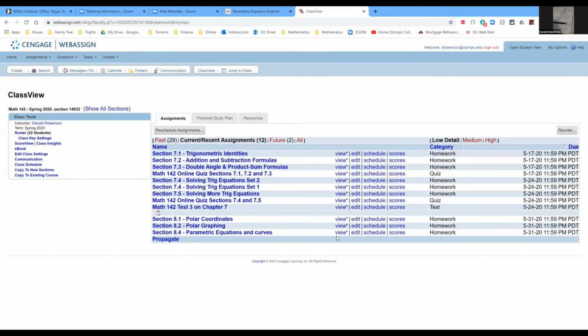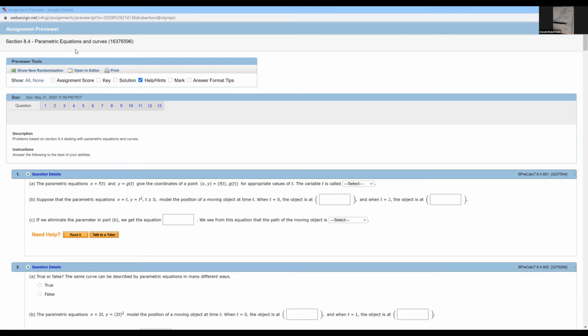Okay, so parametric, doing a view, open up the window, take out that guy. Right, so I may have to go out and in just so we can see it. So I'm about to re-enter. Oh, okay, so this is 8.4 parametric equations, right?